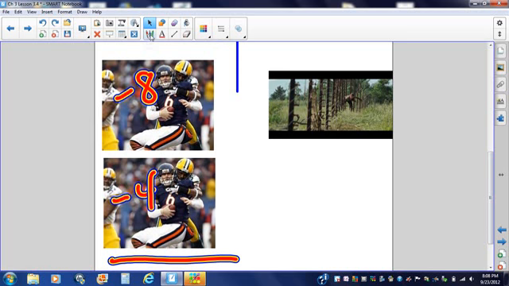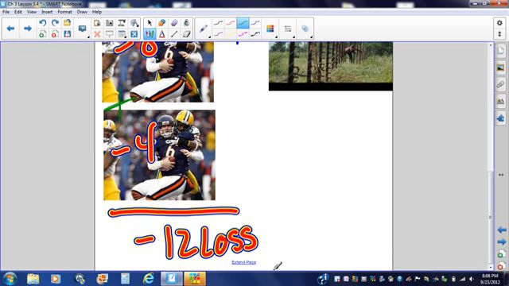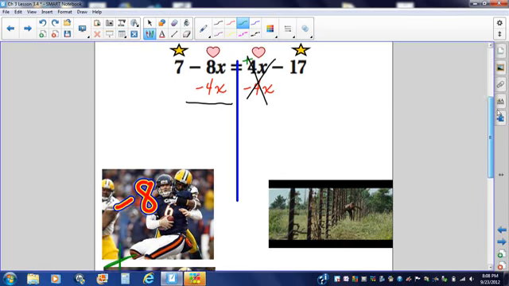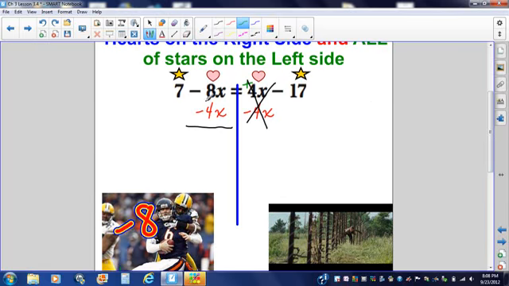What I'm really doing is adding those together. 8 and 4 gives me 12. And since it's a loss, it's a negative 12. So negative 8 and negative 4 give me negative 12.